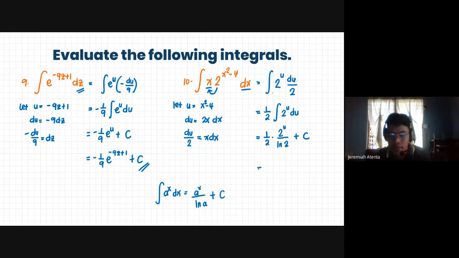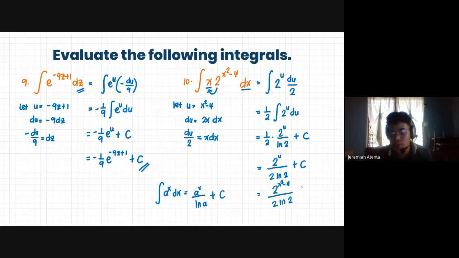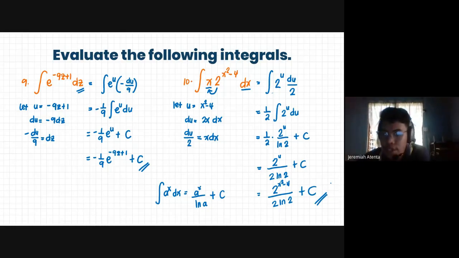So we now have 2 raised to u over 2 ln of 2 plus c. Or just, we have 2 raised to u is x squared minus 4 over 2 ln of 2 plus c. And this is now our final answer.